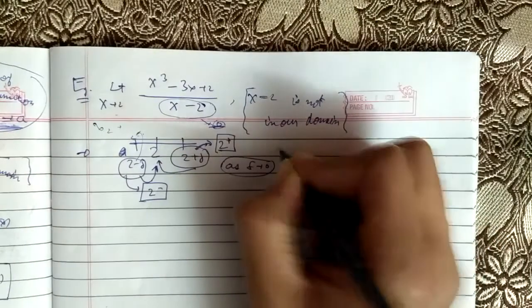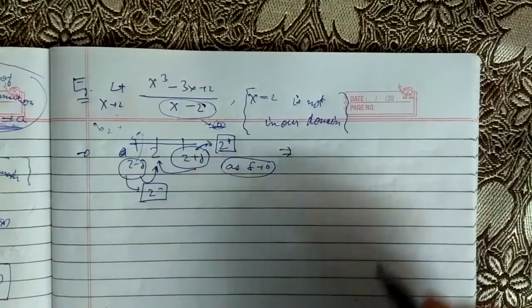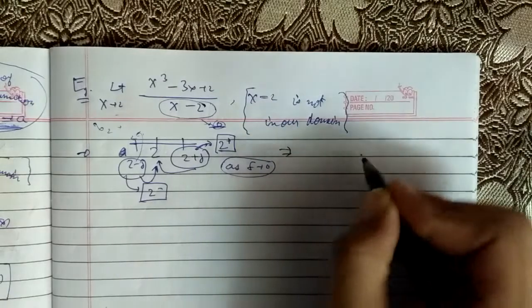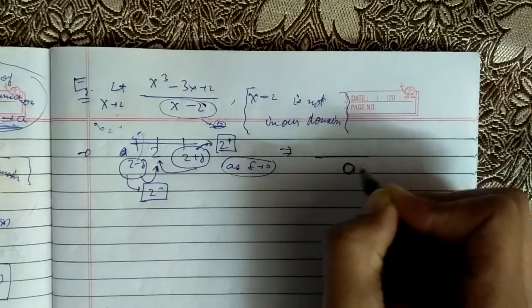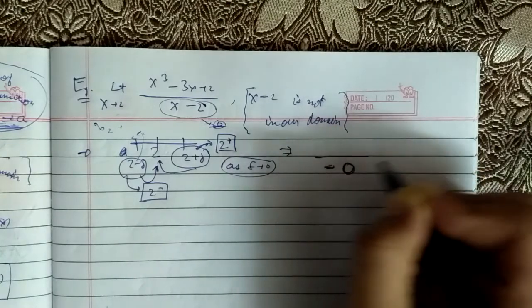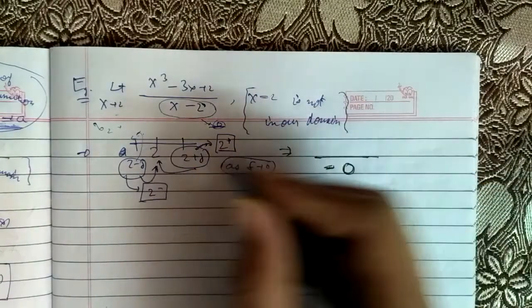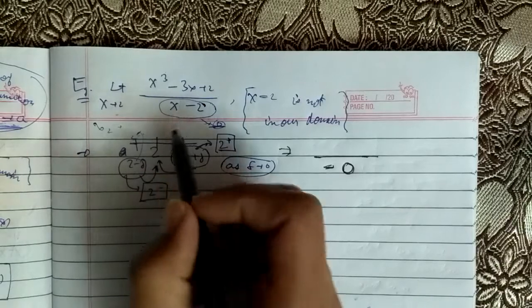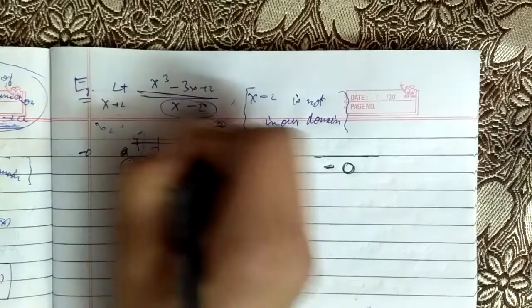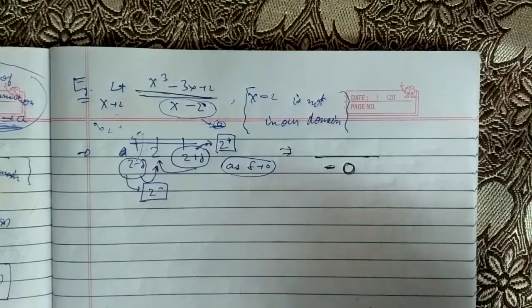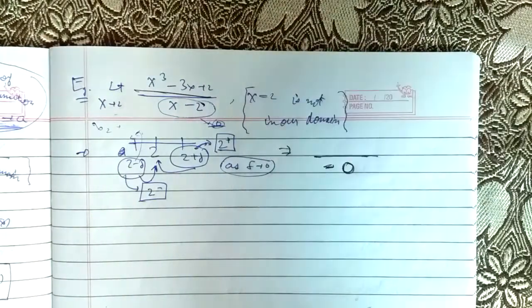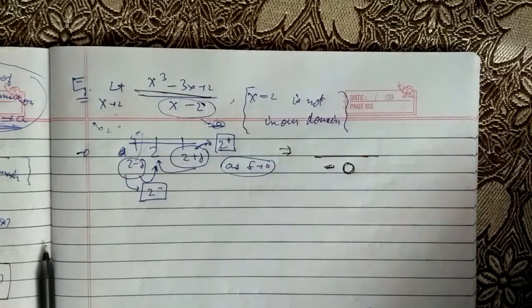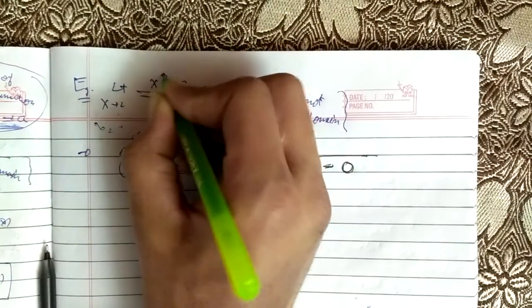So now first we would see that as x tends to 2, the denominator would approach 0. And we see the value in the numerator as x tends to 2, it should be x square.